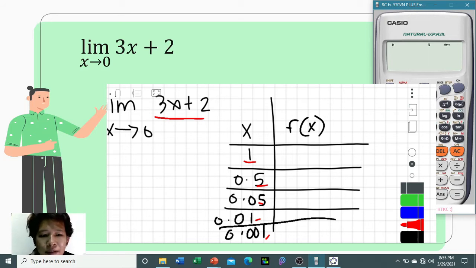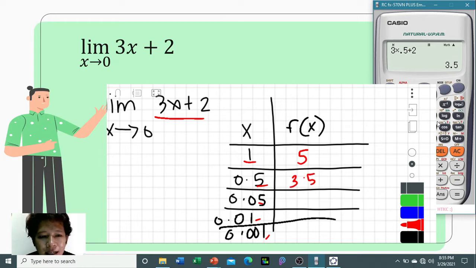So, if the value of x is 1, that would be 3 times 1 plus 2, and that would be 5. So, if the value of x is 1 daw, the value of f of x is 5. And then, habang papalapit kay 0, kukunin natin siya isa-isa. So, that would be 3 multiplied by 0.5 plus 2. So, that would be 7 over 2 or 3.5.